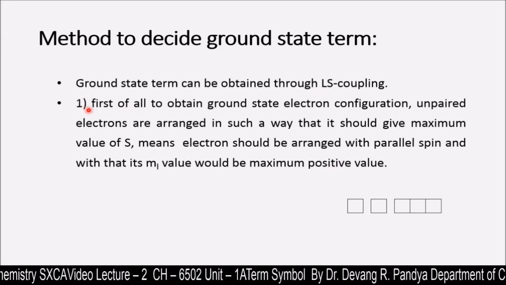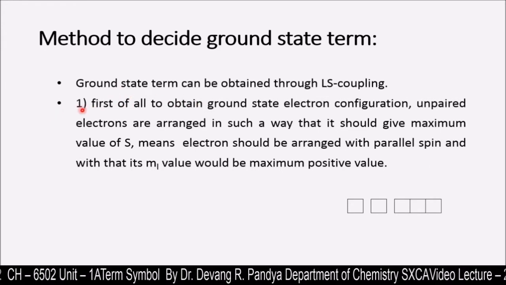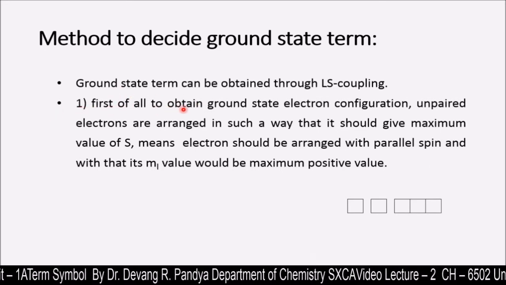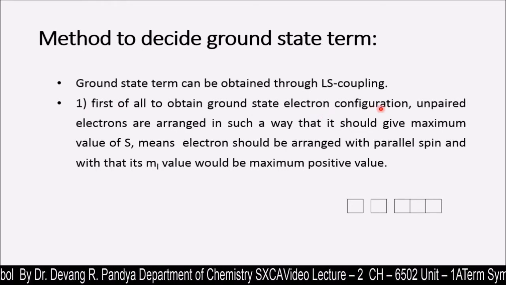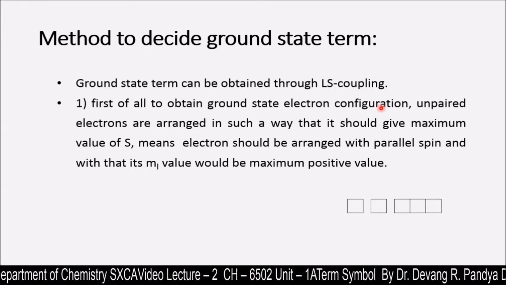First rule to decide the ground state term: first of all, obtain the ground state electronic configuration for the particular atom or ion.